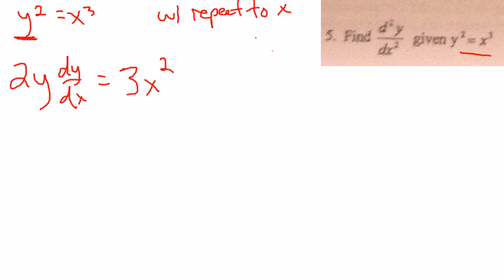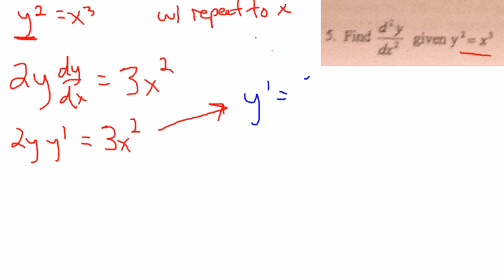That gives me, I'm going to rewrite that as 2y y prime equals 3x squared, because I like working with that better. So what I'm going to do now is make a little side note, and I'm actually going to do it in a different color so I can keep track of it. If I divide by 2y on both sides, I get y prime equals 3x squared over 2y.